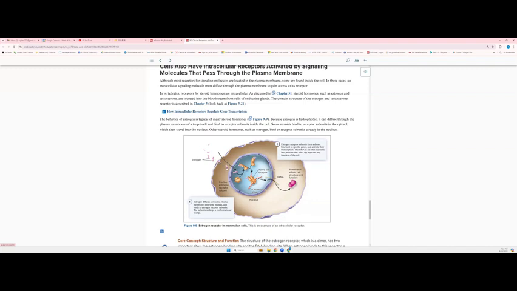Go inside of the cell. Estrogen diffuses across the plasma membrane, enters the nucleus, and when it enters the nucleus, it will bind to the estrogen receptor subunit. Then this subunit will go through a conformation change like this.